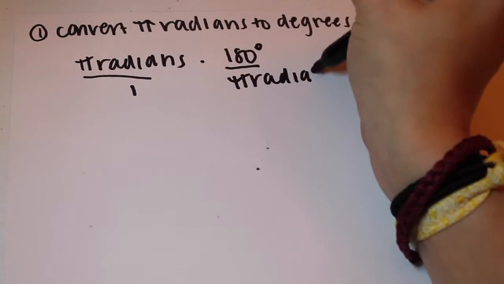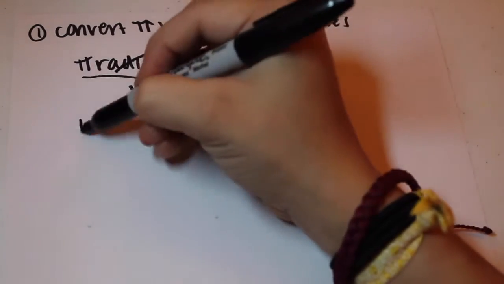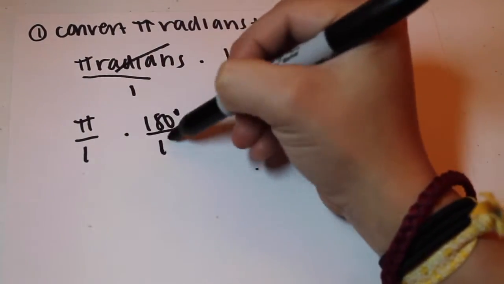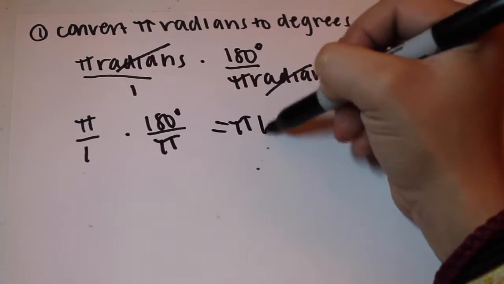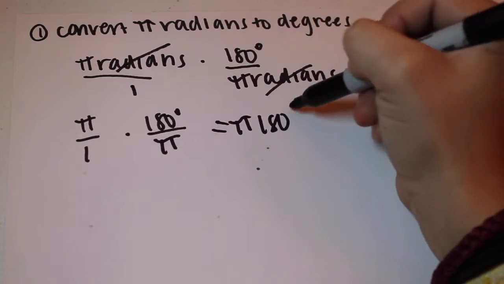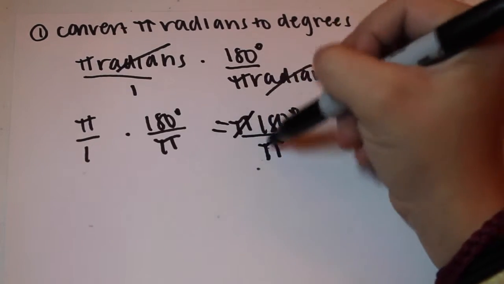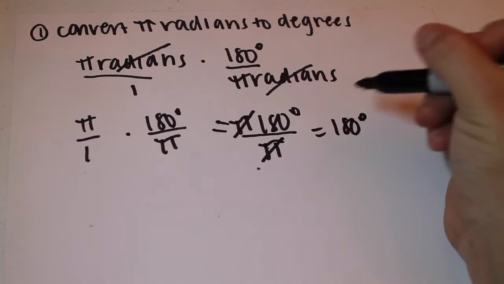Next, we must cancel the radians. This would leave us with pi over 1 times 180 degrees over pi. After multiplying, we are left with pi times 180 degrees over pi. The pi's cancel out, giving you an answer of 180 degrees.